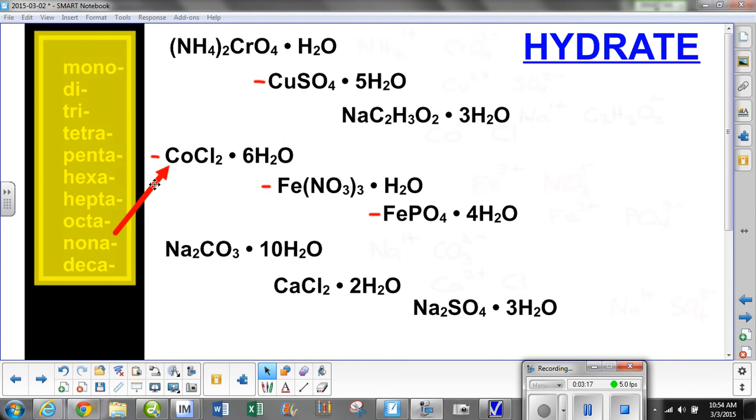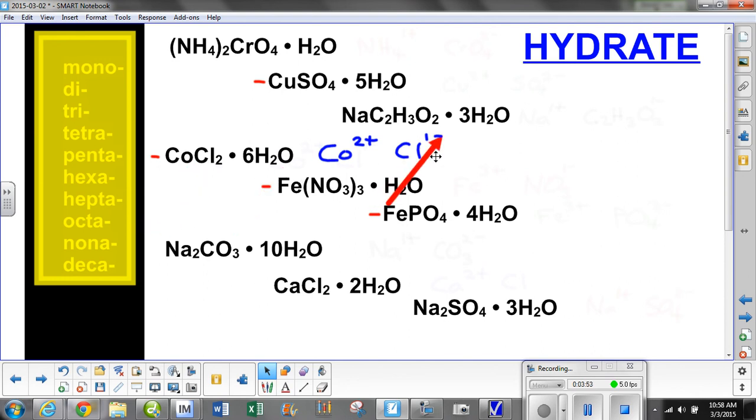Now cobalt is another one of those guys. He's a transition element. You see all of these guys, copper, cobalt, iron, they're all in the transition elements. And because they're transition elements, we never know for sure what their charges are, so we always have to state it in the name. So let's look at the numbers here for cobalt chloride. So how do we know that cobalt is a 2 plus? Because chlorides are 1 minus, and there's 2 of them.